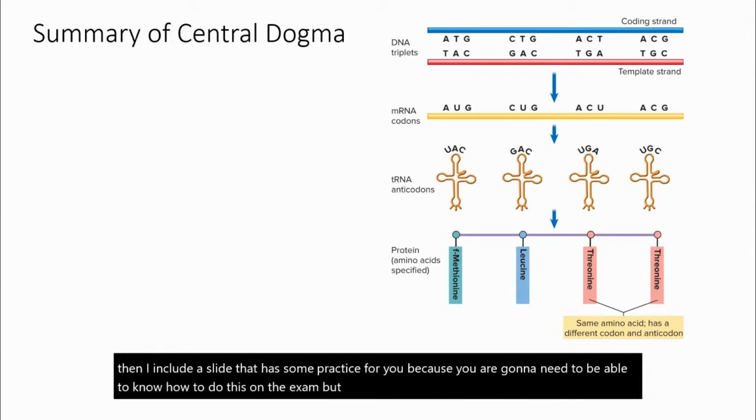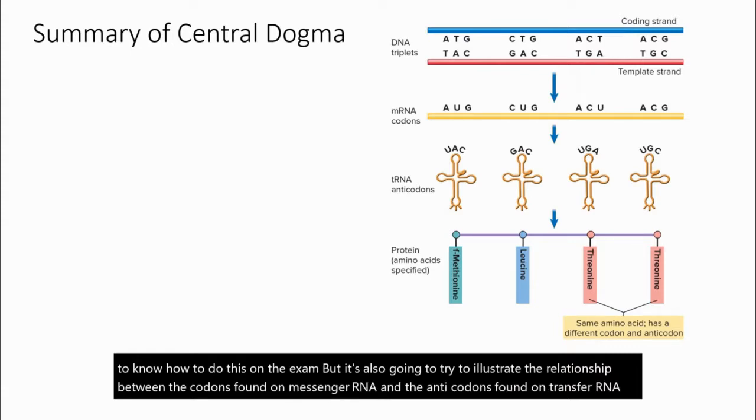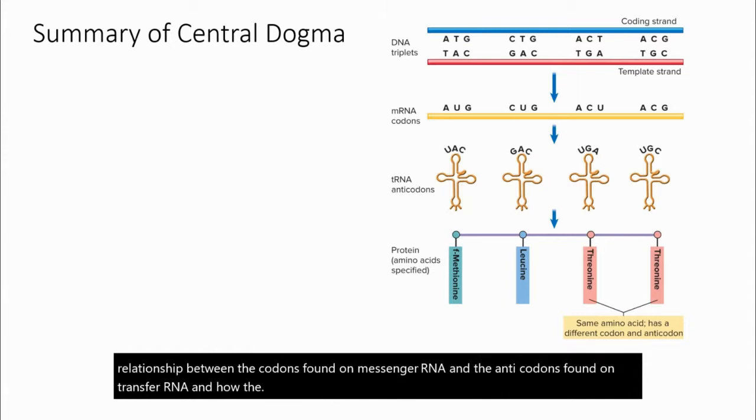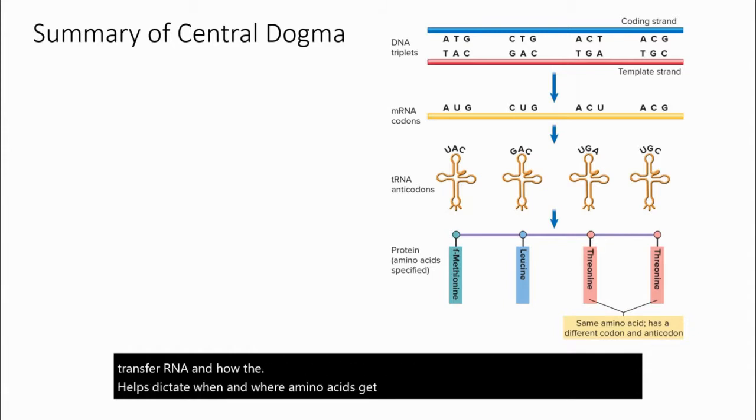It's also going to illustrate the relationship between the codons found on messenger RNA and the anticodons found on transfer RNA, and how that helps dictate when and where amino acids get delivered to the ribosome. So let's start with our summary of the central dogma.